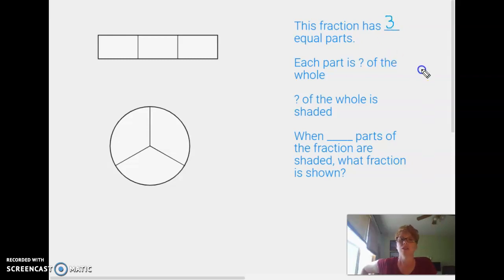Great. So each part, next question is, how much of the whole? So this is where we will write a fraction. So if I would take just one single part, each part, how much is one part of that whole? What fraction can I represent?